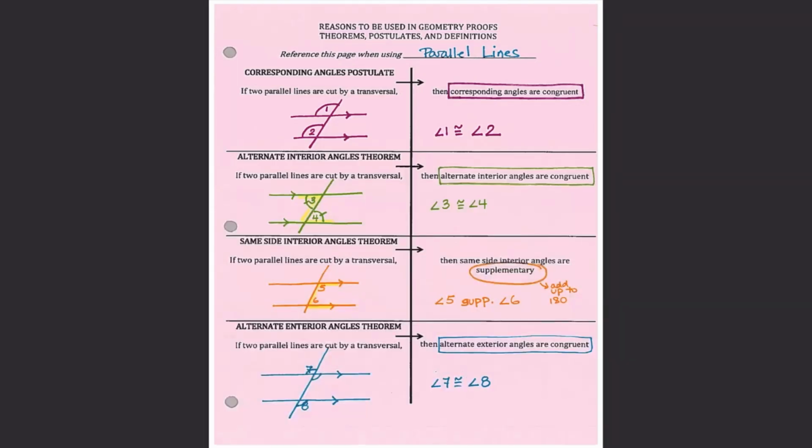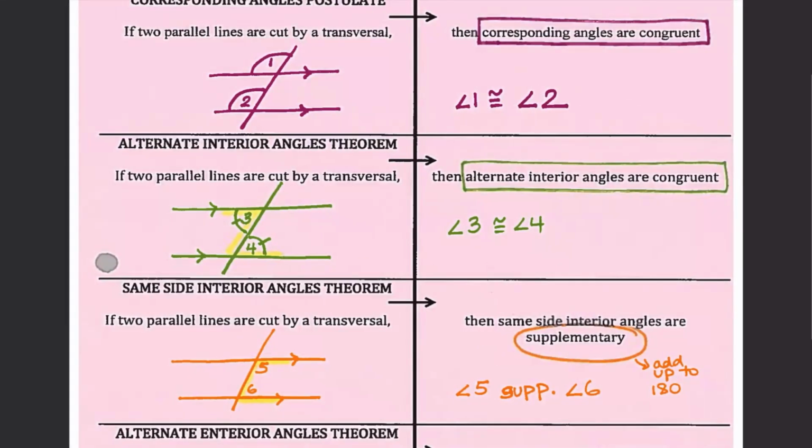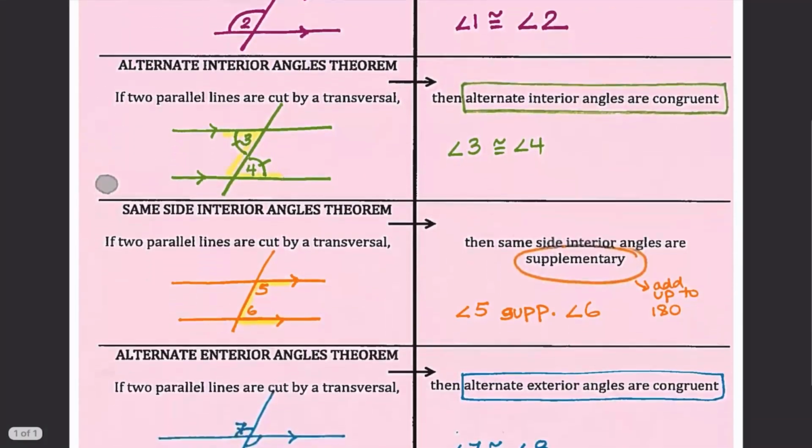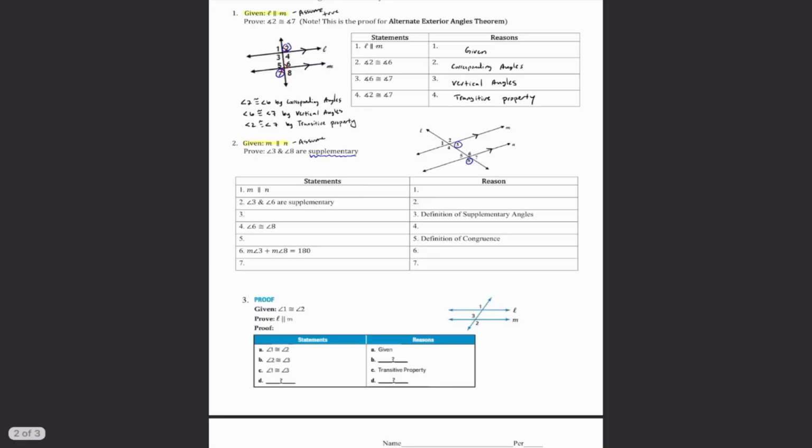And then lastly, if we look at the front side of the Unit 4 pink sheet, same side interior angles theorem. If two parallel lines are cut by a transversal, then same side interior angles are supplementary. Supplementary means you add two angles together and set that equal to 180 degrees.